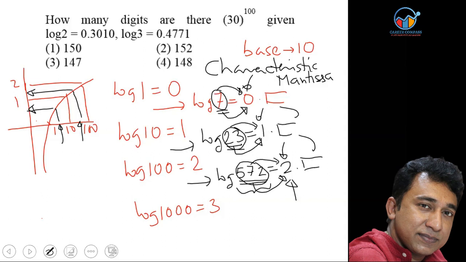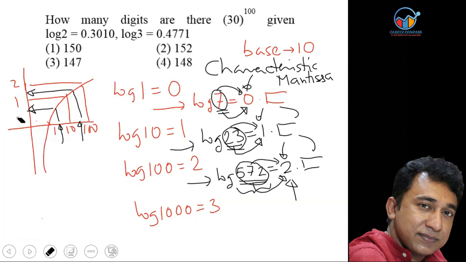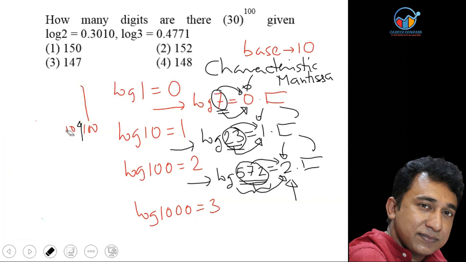Right? Now, if I look at this sum, what we have here is x equal to 30 to the power 100.